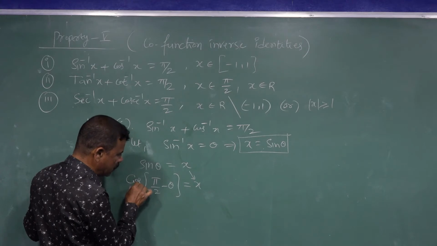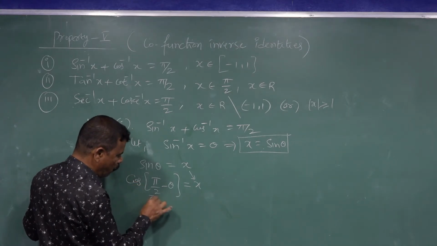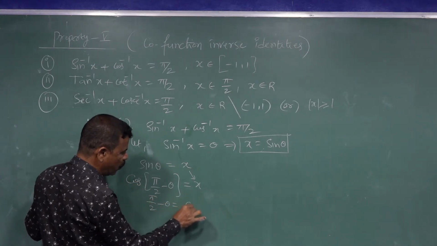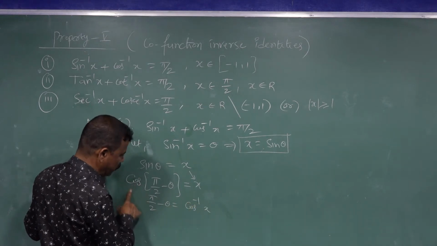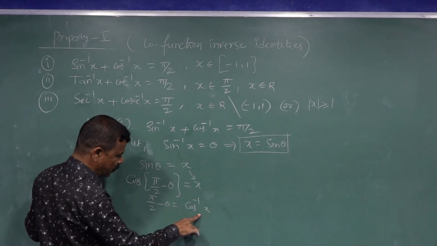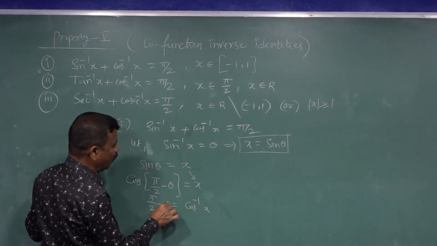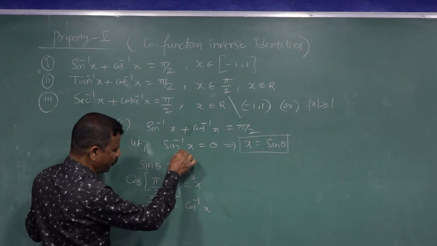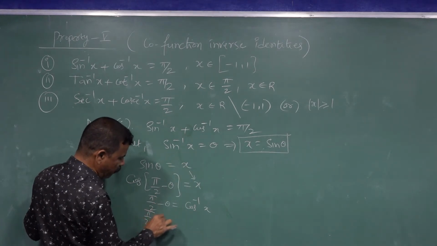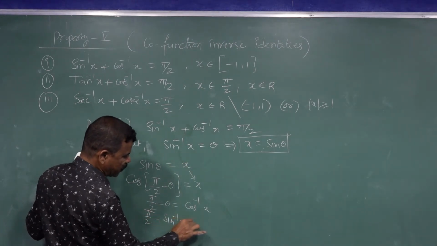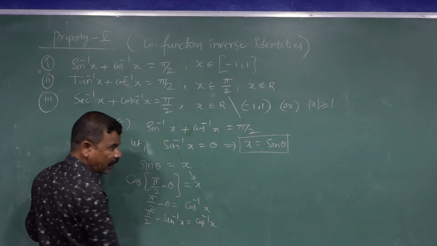Now send this cos outside. So π by 2 minus theta is equal to cos inverse of x. Whereas theta is sin inverse x, π by 2 minus sin inverse x is equal to cos inverse x.